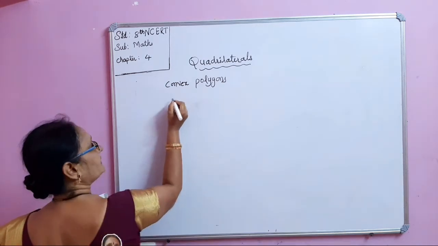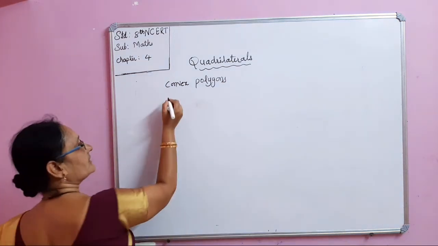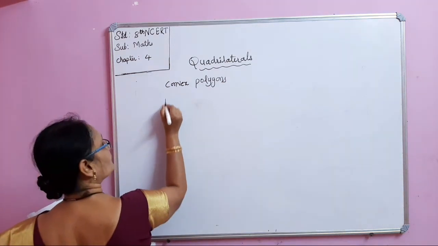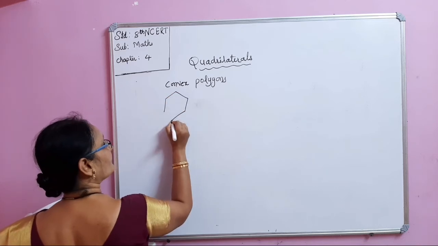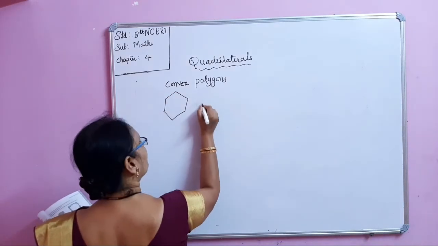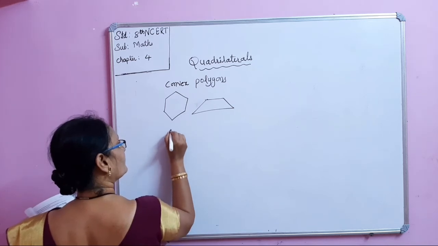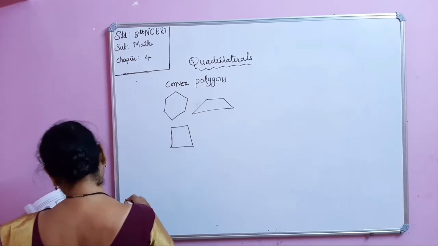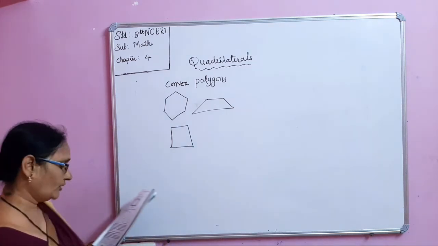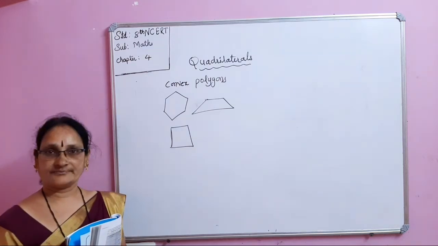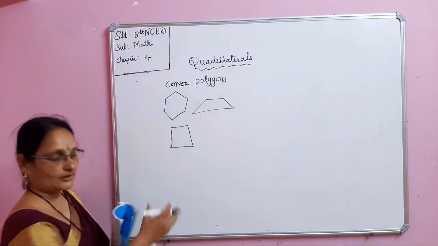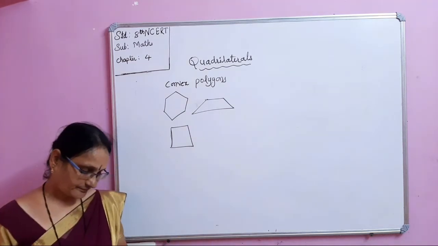All the figures I have just drawn, with 2, 3, 4, 5, 6 and then 1, 2, 3, 4 and 1, 2, 3, 4 like this. These all figures are convex polygons. They are convex polygons.